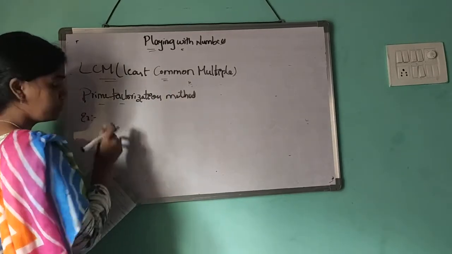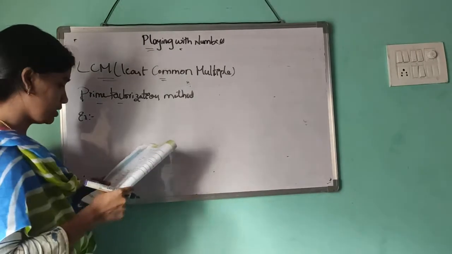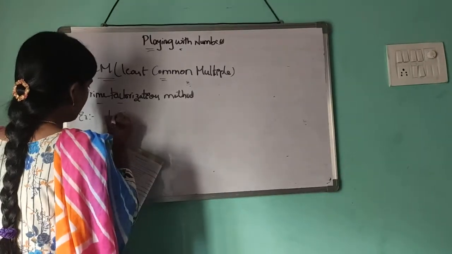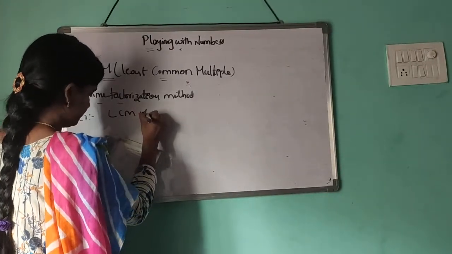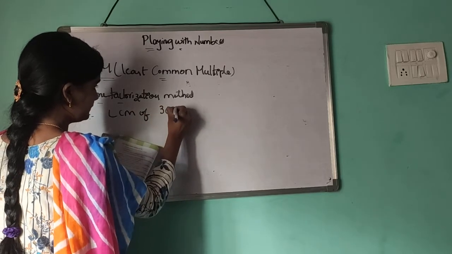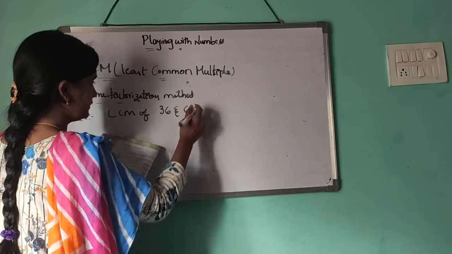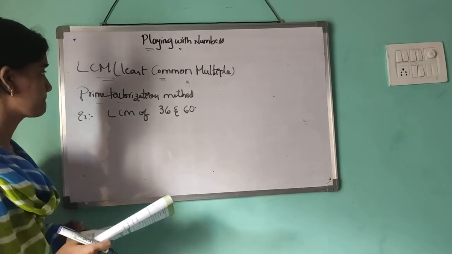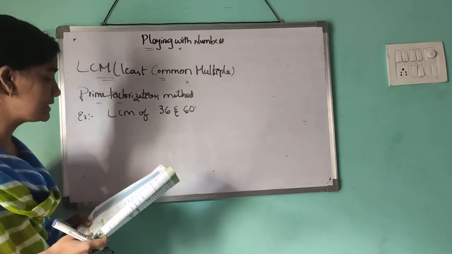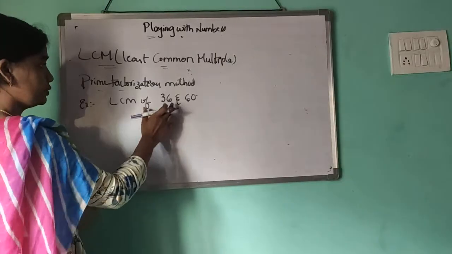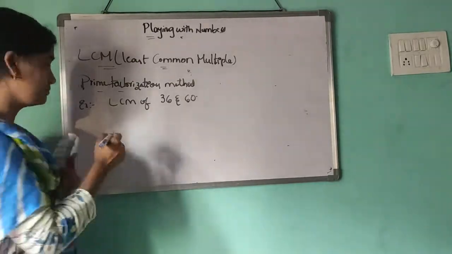Here I am taking the example: LCM of 36 and 60. These two numbers, you can find the LCM.